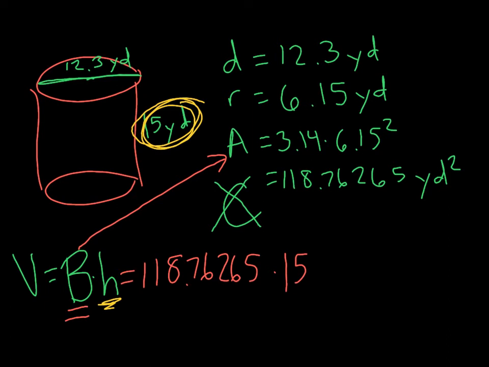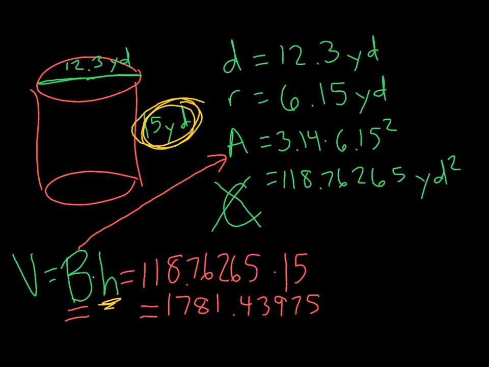So I get 1,781.43975. Now I didn't mention anything about rounding, so I just went ahead and wrote the entire thing down.